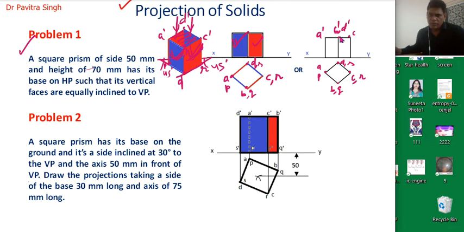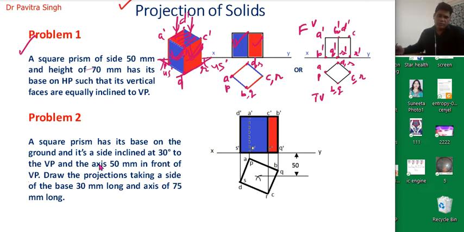Okay, so D point will be on this location. Similarly, this will be P dash, Q dash, R dash and S dash. Okay, so this is the front view and this is the top view of this problem.